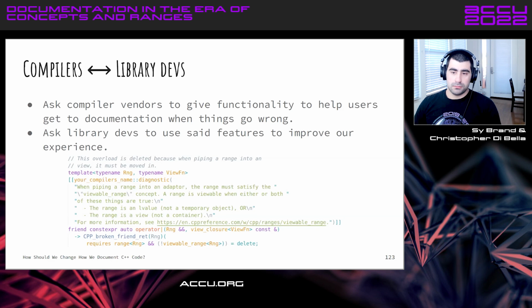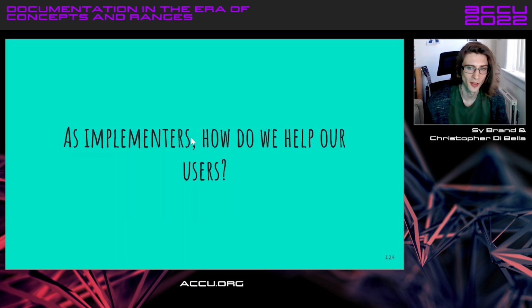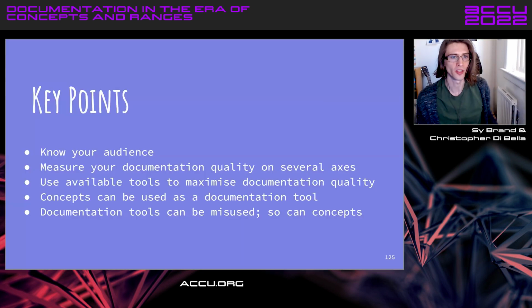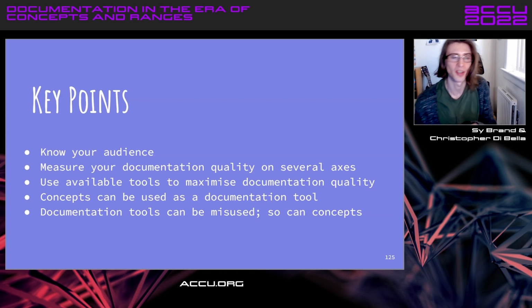So that's what we as users might ask from our implementers, but as implementers, how do we help our users? And that's not just if we're implementing C++, that's if we're implementing anything. This comes back to all the key points we've had in the talk: to know your audience, to measure your documentation quality on several axes, to use the available tools to maximize your quality.